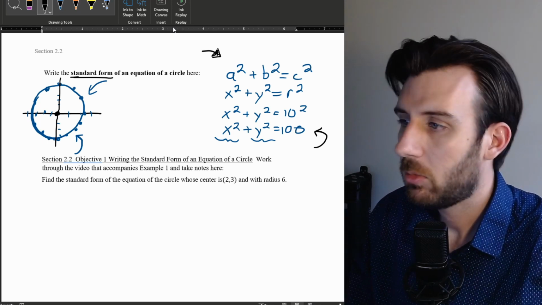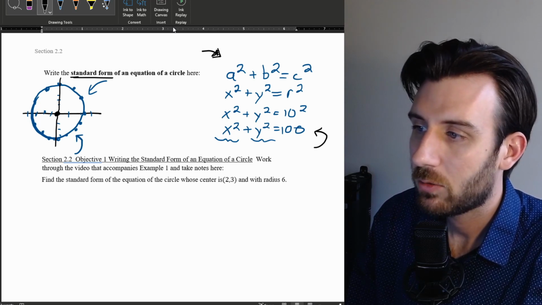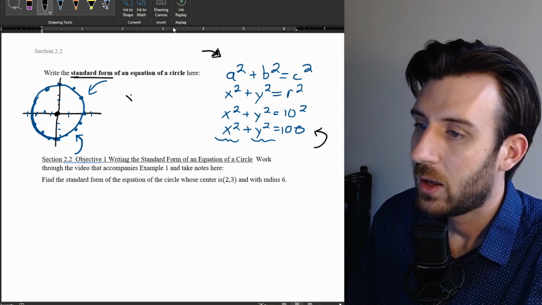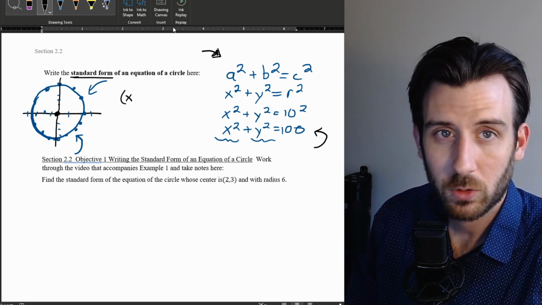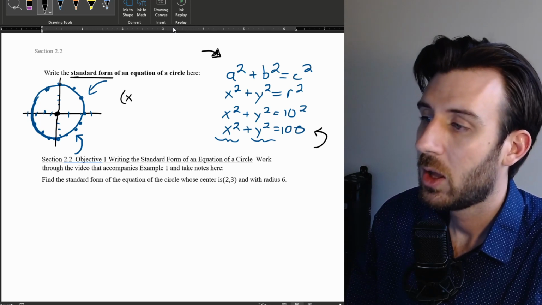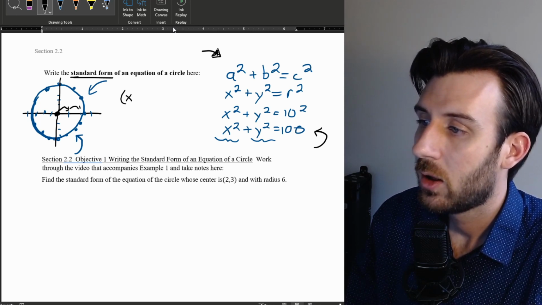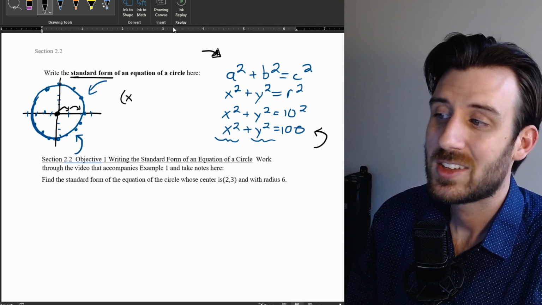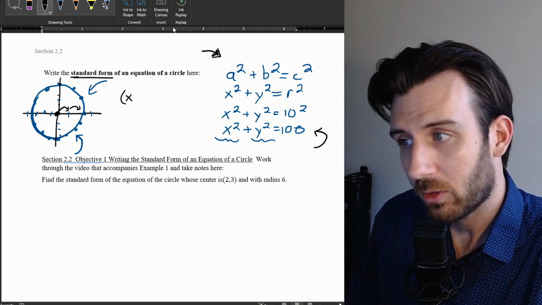Well, that's no problem. We were just talking about how we were shifting the axis before. We could write the standard form of this circle as affecting our x so that our x moves over a certain amount. So if I wanted the center to move 2 steps to the right, then really what I want to do is take all of my x values on my axis and shift them 2 values to the left.